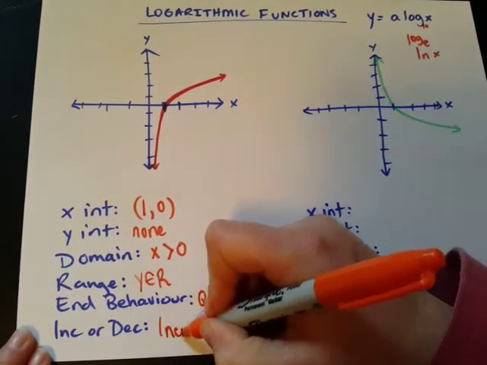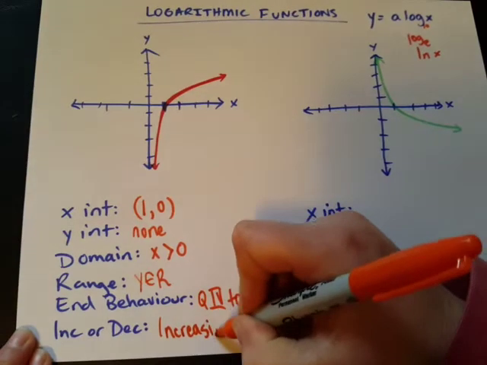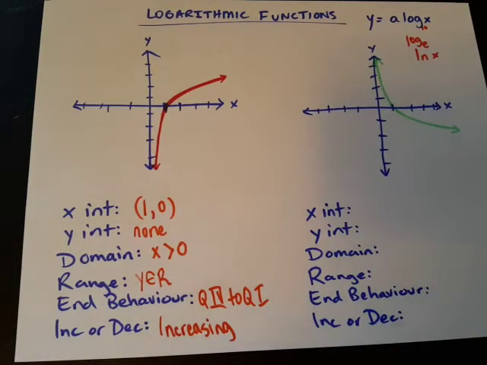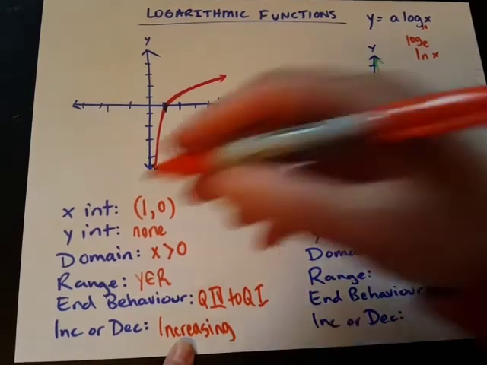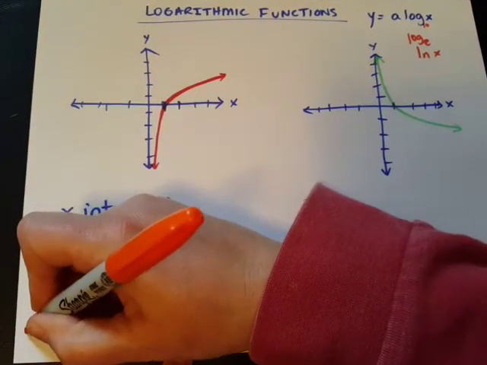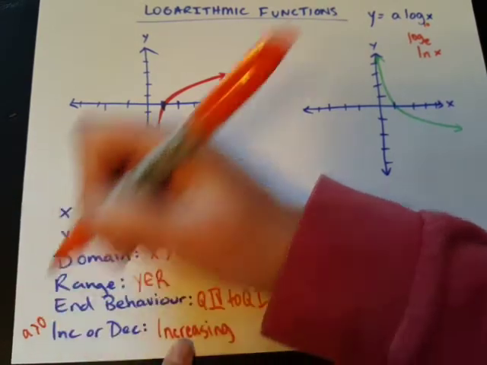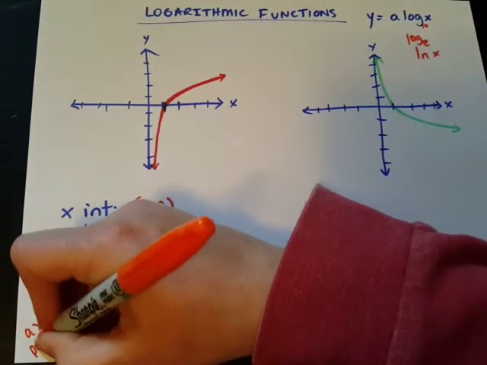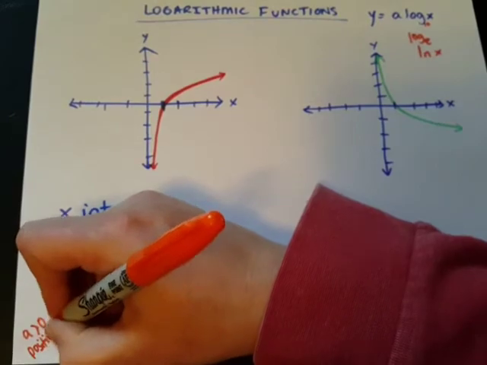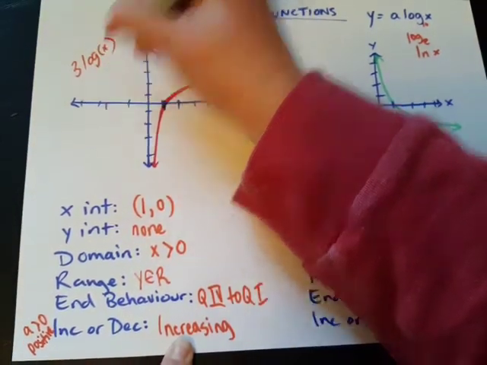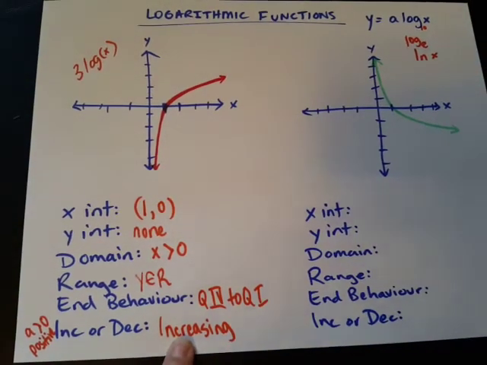So this would be an increasing function. We know whether it's increasing or decreasing because a is positive, or greater than 0. So this could be 3 log x.